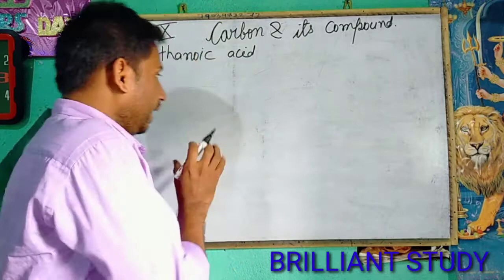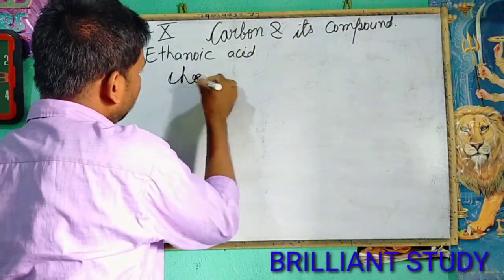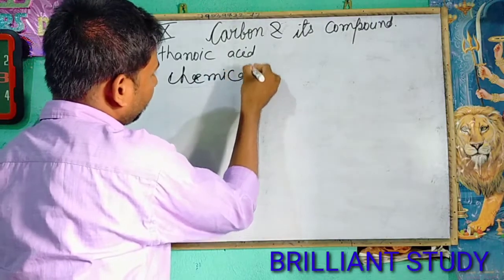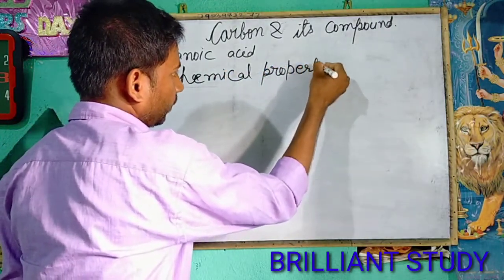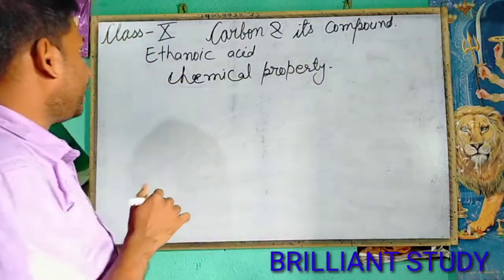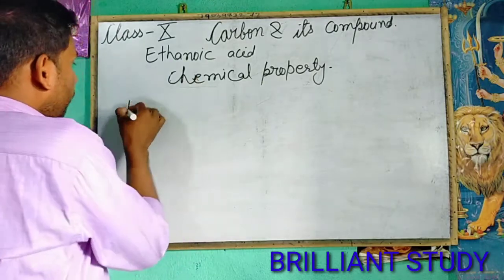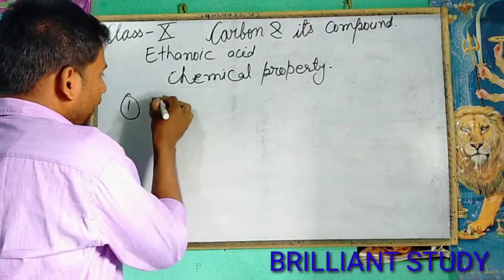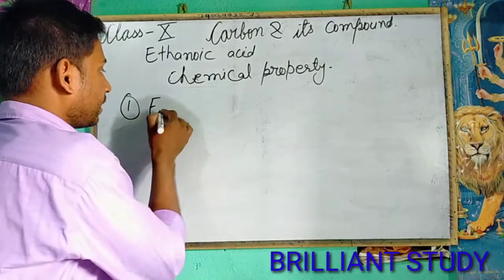Now study about chemical properties or the chemical characteristic of ethanoic acid. In the chemical properties we will study about different types of reactions. So let us understand the first chemical reaction.